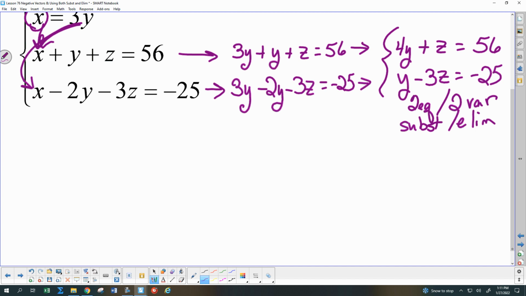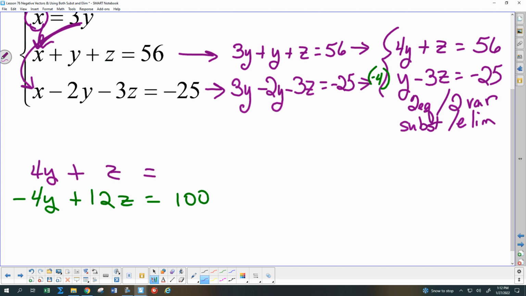So I think I will take that second equation and multiply it by a negative 4 so that it becomes minus 4y plus 12z equals positive 100. And keep my first one the same, 4y plus z is 56.